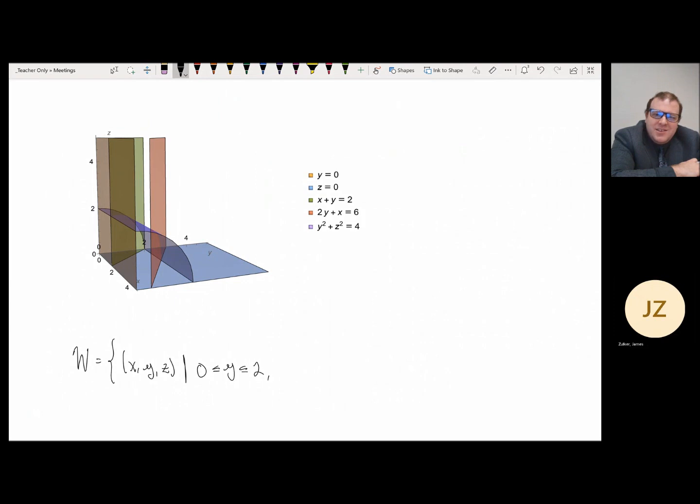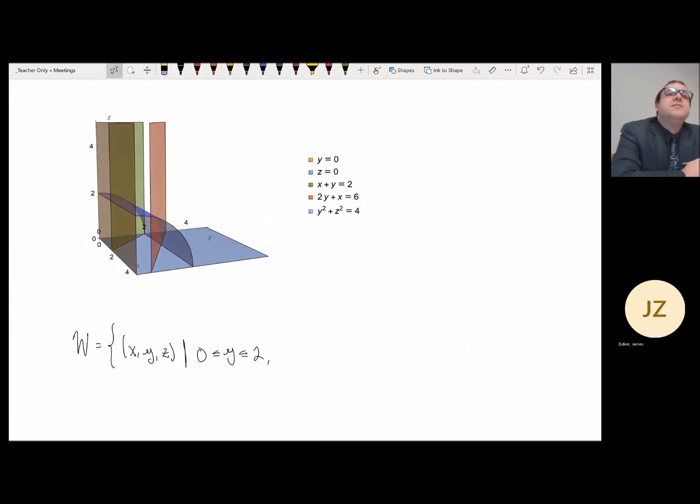So you went the wrong way. You did z. Remember the z-axis, the x-axis is going that way. Yes, go ahead.